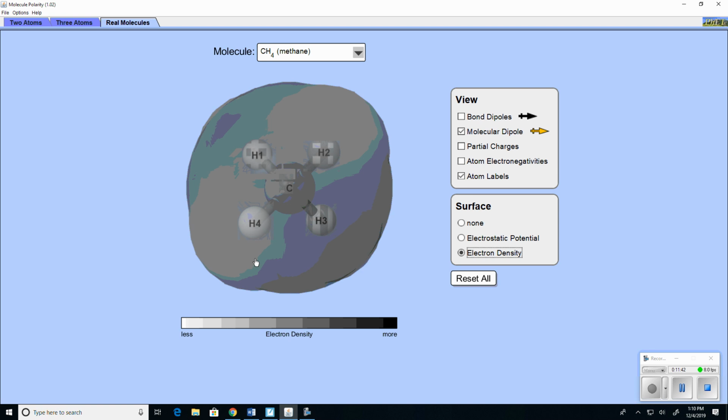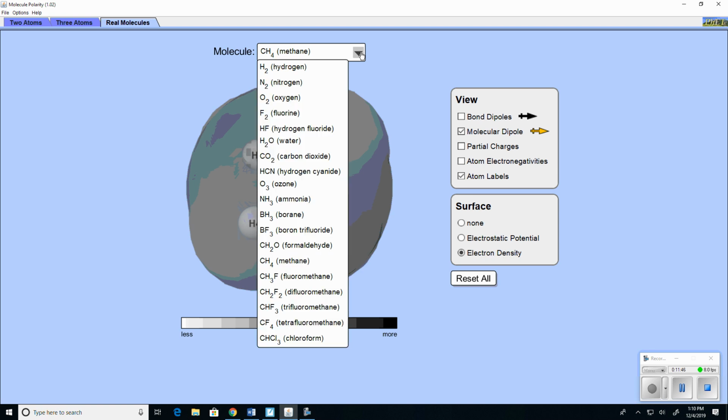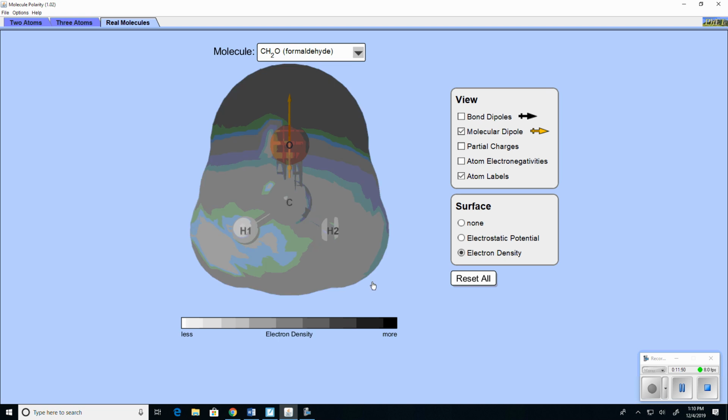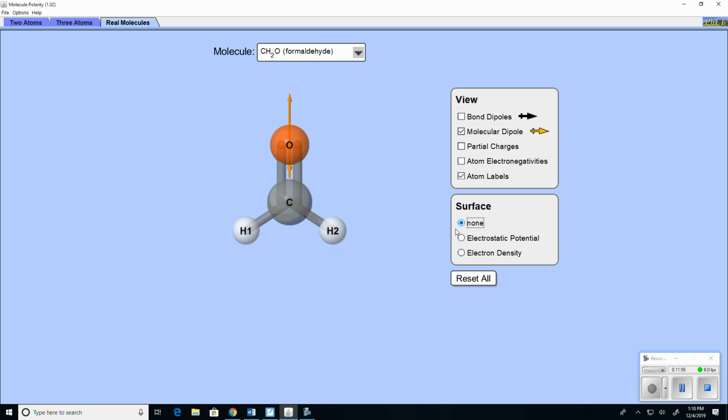Number 18 says pick CH2O, formaldehyde. Here, and let's take off the electron density first. Carbon, 2 hydrogens, and an oxygen. Hey, notice it's double bonded. This is actually one of the problems I wrote up on the board last time for you guys to figure out if you got done with Lewis dot early.